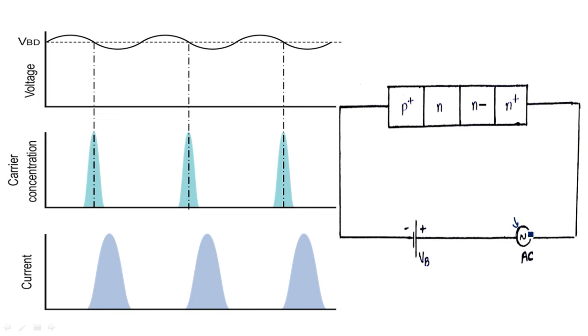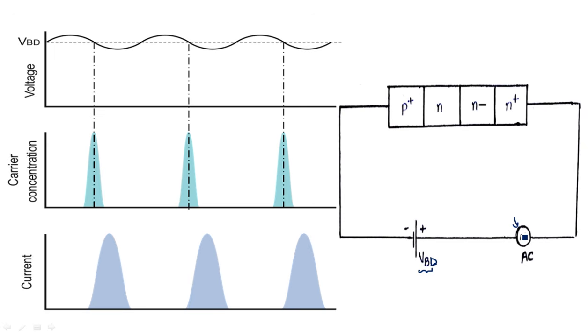This sinusoidal signal is superimposed on the biasing supply. As this diode is operating at the breakdown voltage, we take this voltage as the breakdown voltage, VBD. Suppose VBD is something like minus 17 volts, or as it has more power handling capability, something like minus 20 volts or minus 30 volts.